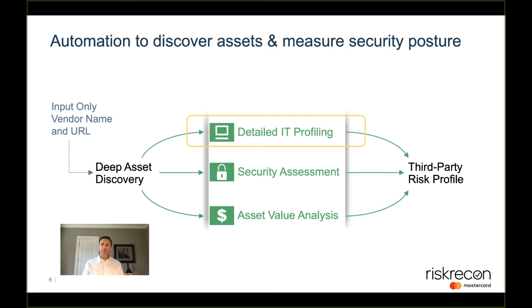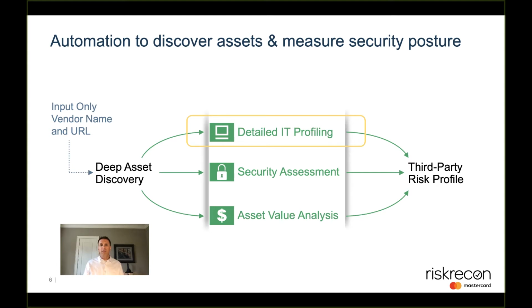And now we'll take a closer look at how RiskRecon discovers the risks associated with an organization in an automated fashion, and then aggregates that risk information to provide a complete and thorough risk profile for the company in question. Just as the FAIR principles are not one-dimensional, RiskRecon looks at multiple dimensions of an organization in order to determine where risk exists. This process starts with a detailed IT profiling of the organization.